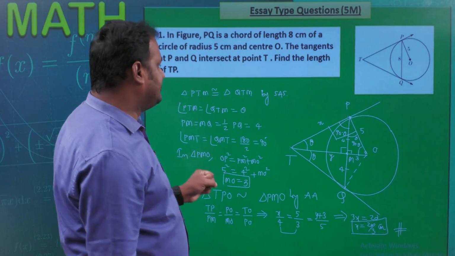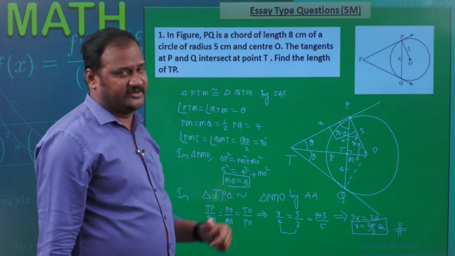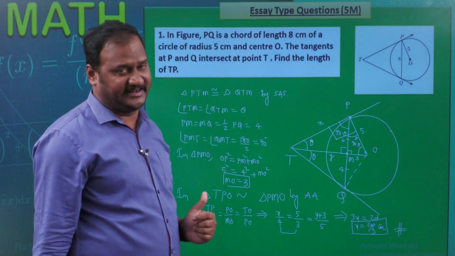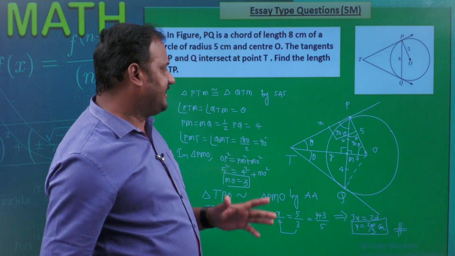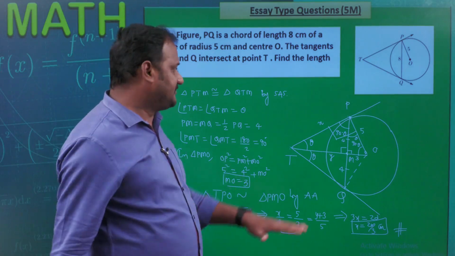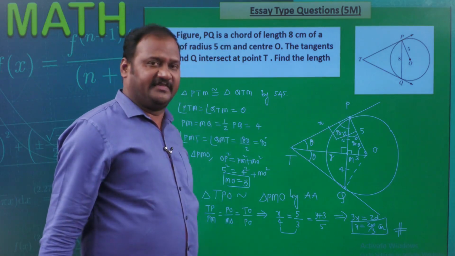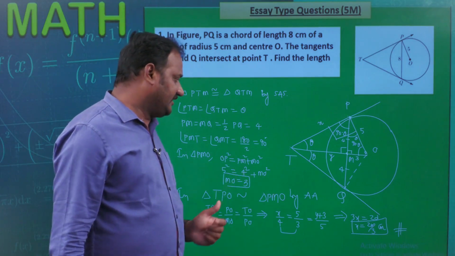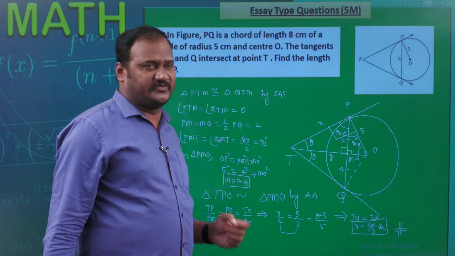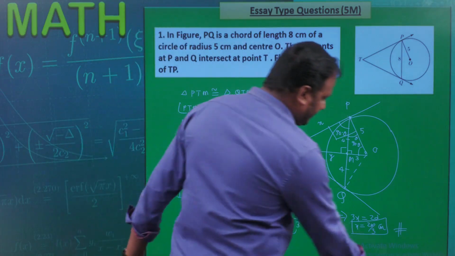So this is one of the easiest ways to find the value of X by using similarity criteria. You understand? This problem can be solved in another way, taking Pythagoras theorem 2 times for this triangle as well as this triangle. Then also we will get the value of X as well as Y. But this is what I feel is the easiest way to find the value of X.